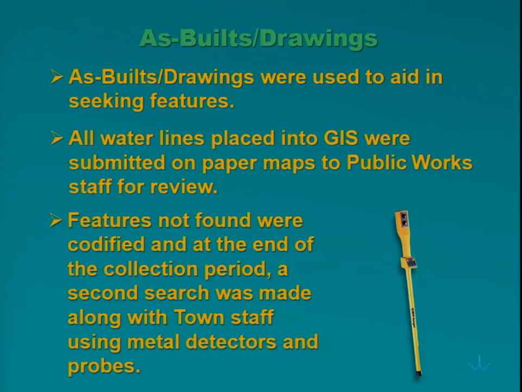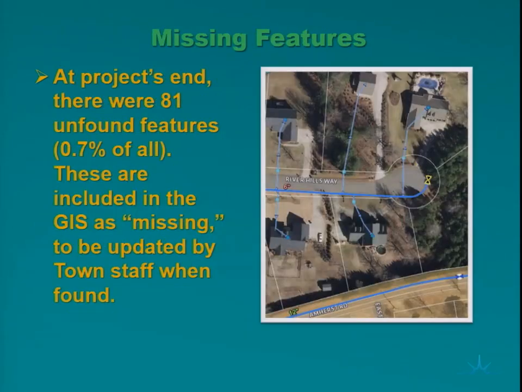And then we went with the town staff for 3 days or so at the end of the project and looked for missing features with our smoke detectors and metal detectors and probes. So out of those 11,000 features, we had 81 unfound features. And those can be updated by the town staff when they find them.